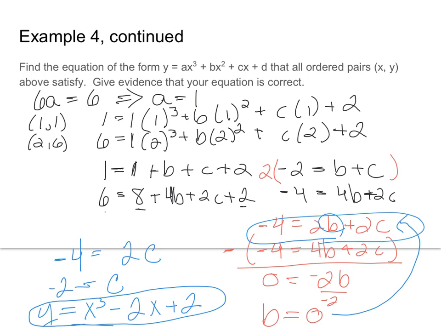Note, it says give evidence that your equation is correct. I'm going to do that right up here.